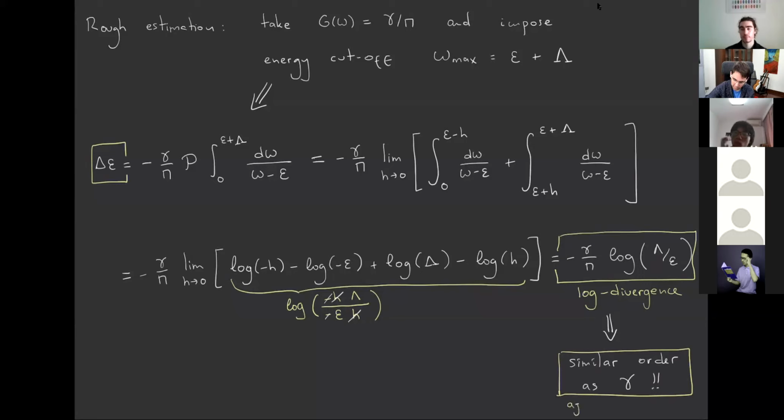And this actually agrees with what is observed. So this is a very rough estimation, but still the number that you get is similar to what you get in the lab.